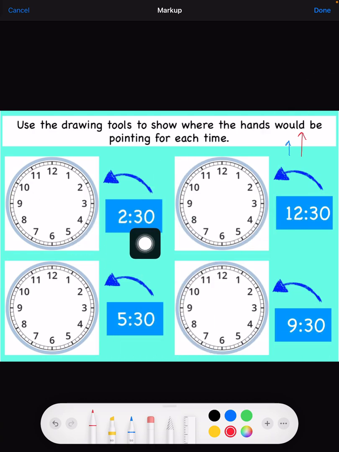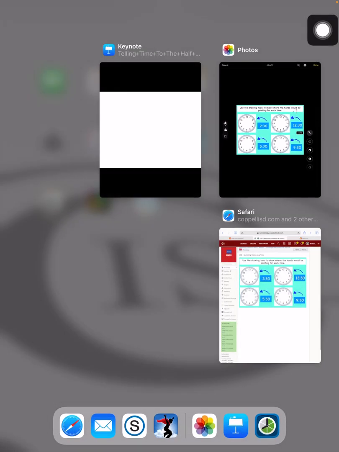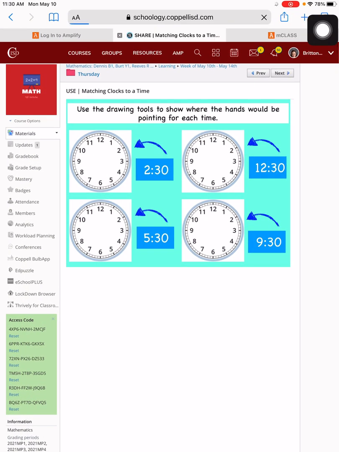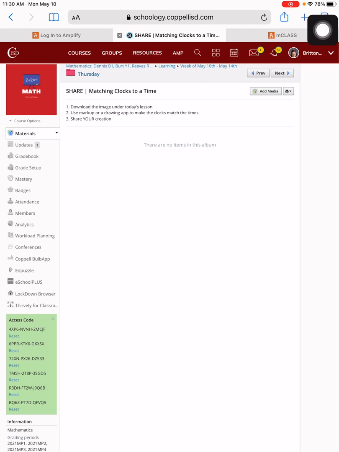This clock will say 2:30, this clock will say 12:30, this clock will say 5:30, and this clock will say 9:30. After you have drawn the hour and minute hand where they need to be for each clock, you need to click done and upload it back to the media album in today's lesson.